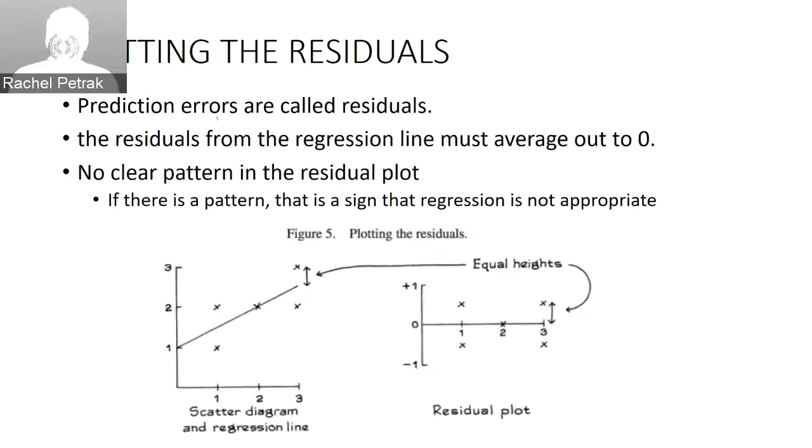You would plot the residuals. The reason that we plot the residuals and that this is a common procedure is that you need to examine the pattern of the residual plot. If there's a pattern that you see, that's a sign that regression is not appropriate. So in summary, we use plotting the residuals to help us assess whether or not regression is an appropriate test.